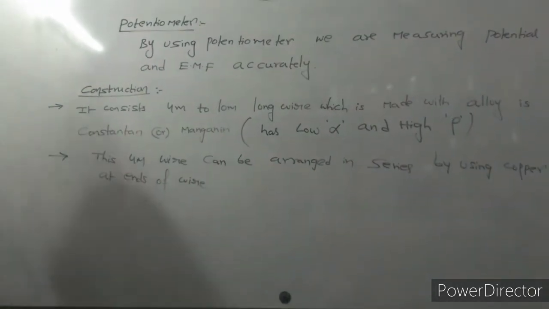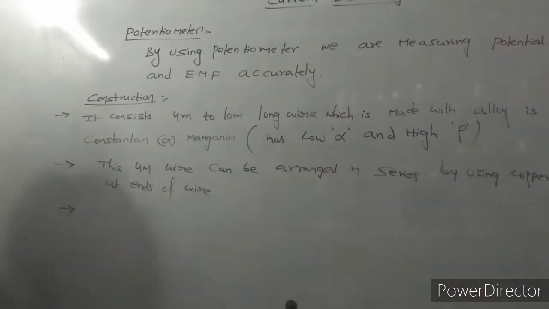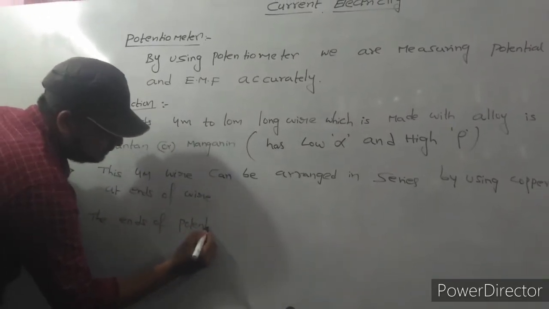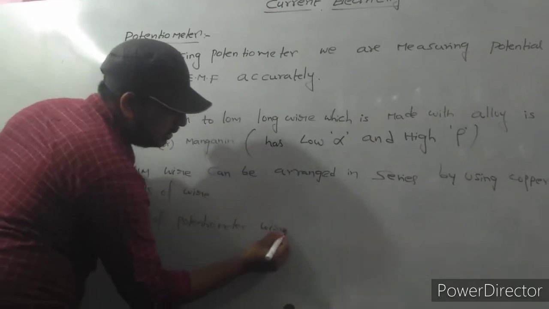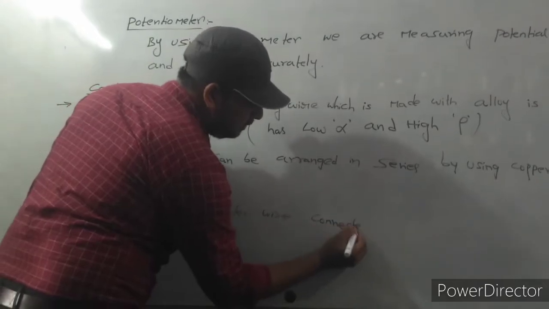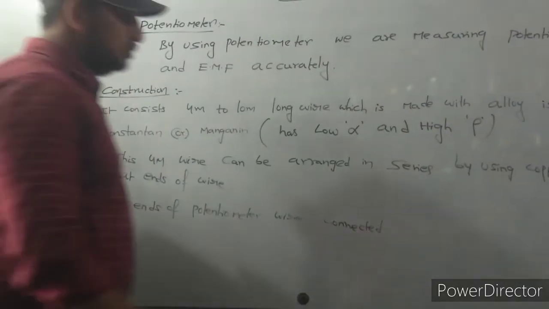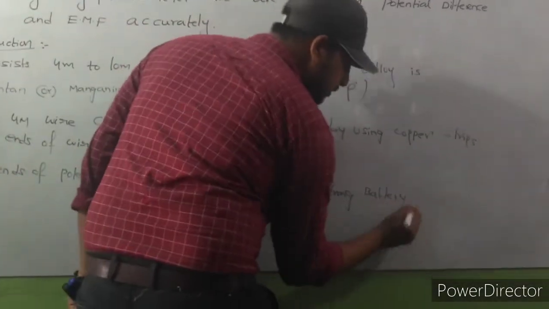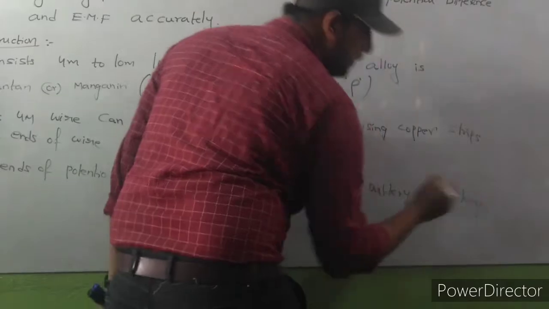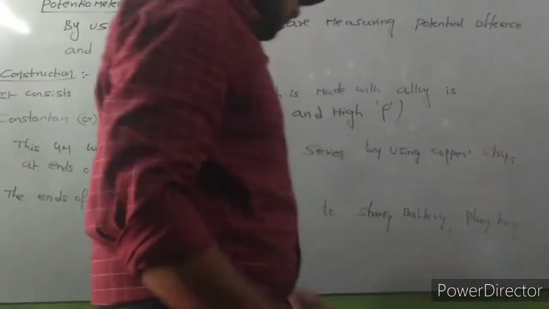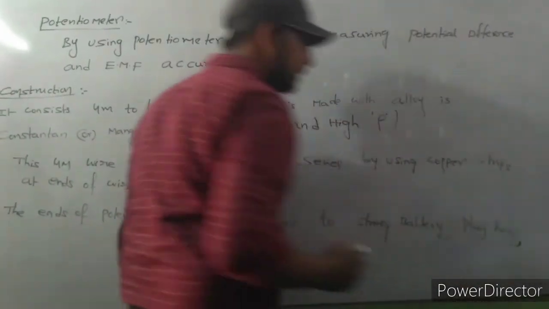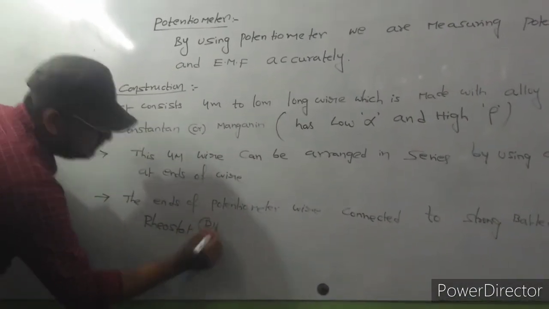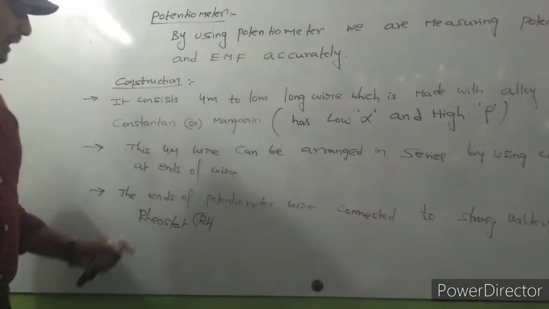Next, the ends of the potentiometer wire are connected to a strong battery and a plug key, and a rheostat RH.